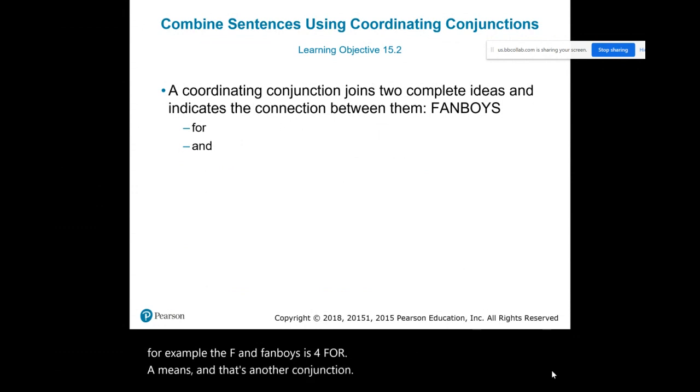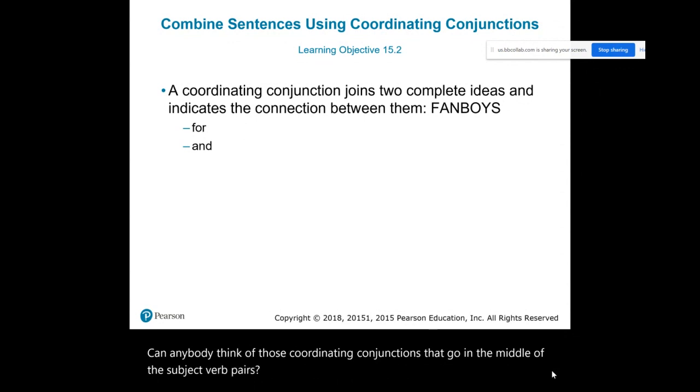Does anybody know any of the other coordinating conjunctions? Which ones are missing here? Can anybody think of those conjunctions that go in the middle of the subject-verb pairs? Anybody? Go ahead and share.